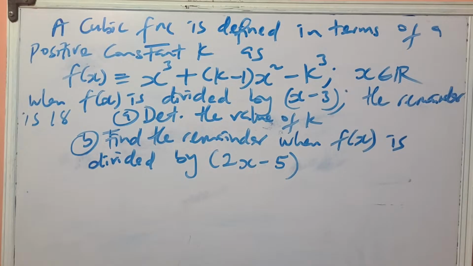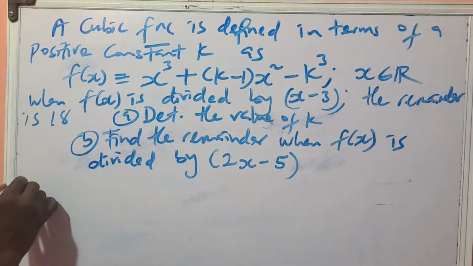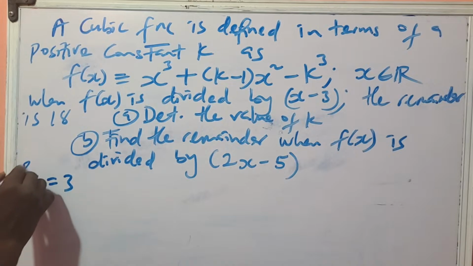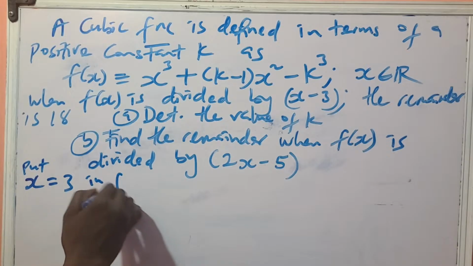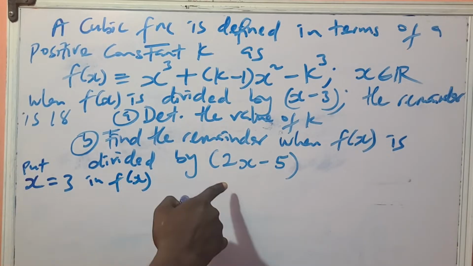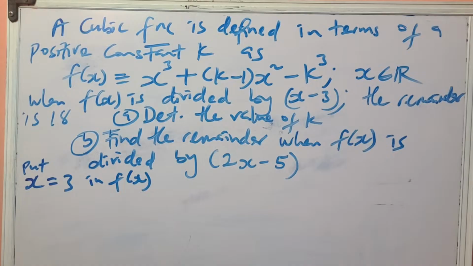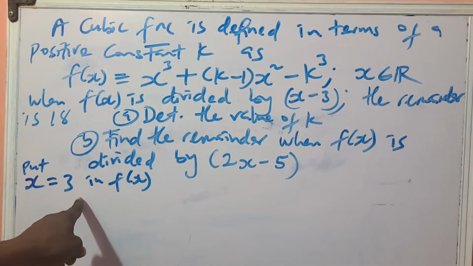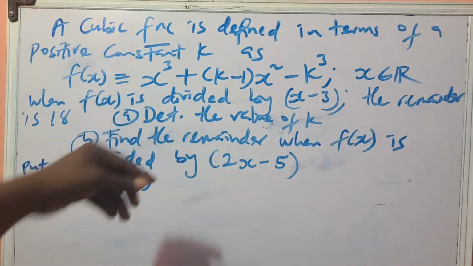Since what you're using to divide is x minus 3, when you put x equals to 3 into f of x, whatever you get is your remainder. That's the remainder theorem.